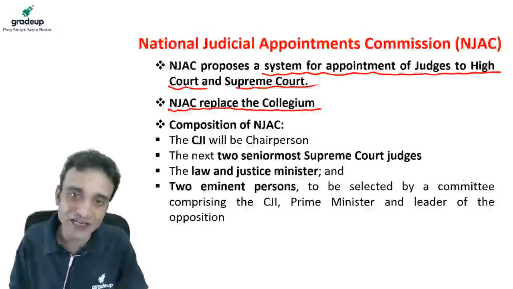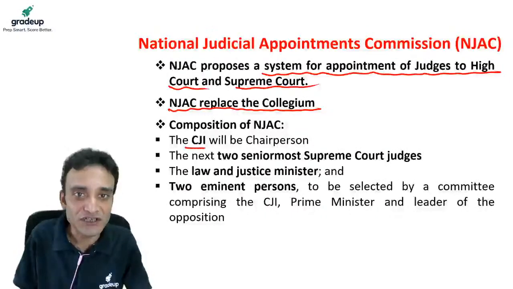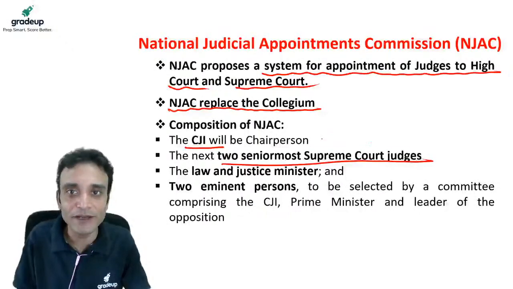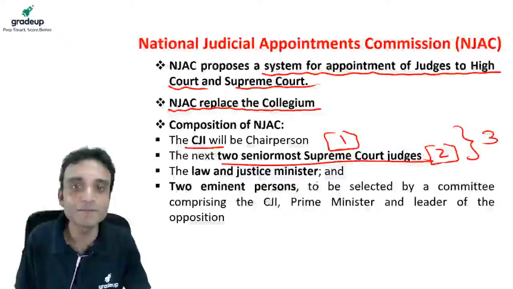Now, what is NJAC? NJAC will comprise of the Chief Justice of India, two senior-most judges of the Supreme Court, and 2 judges of the Supreme Court. That is, the total number of judges is 3.